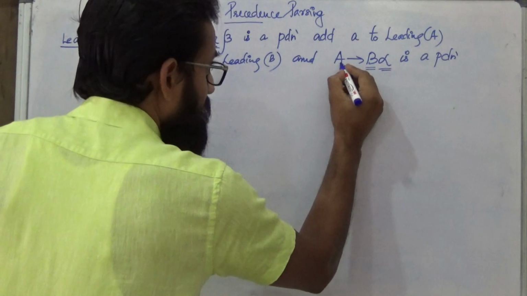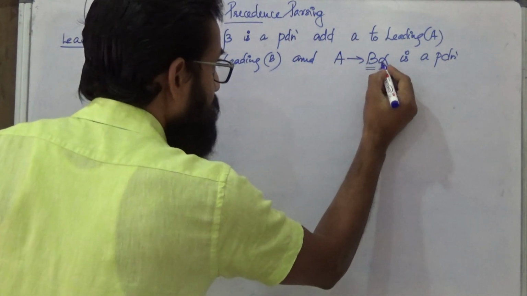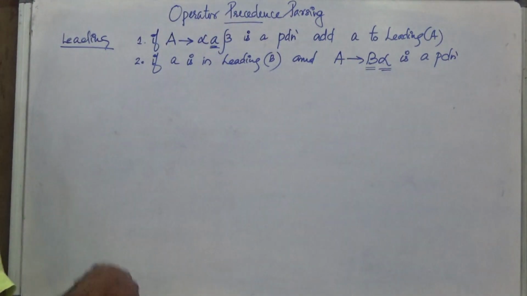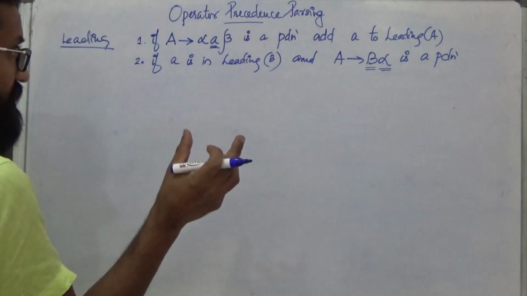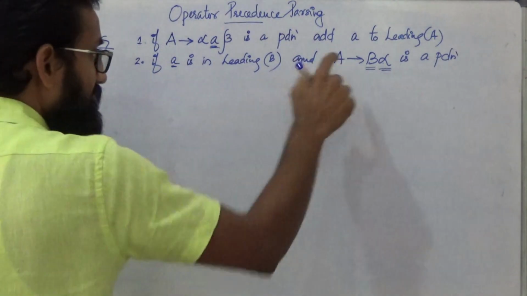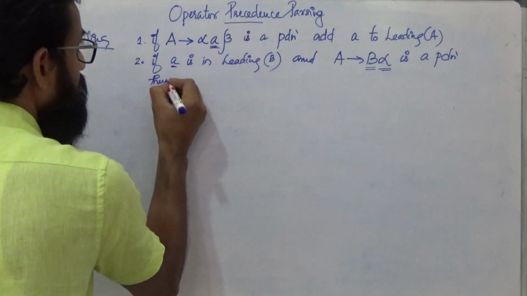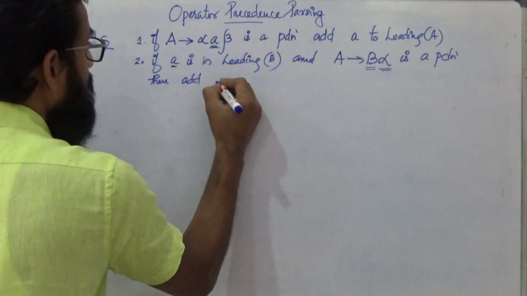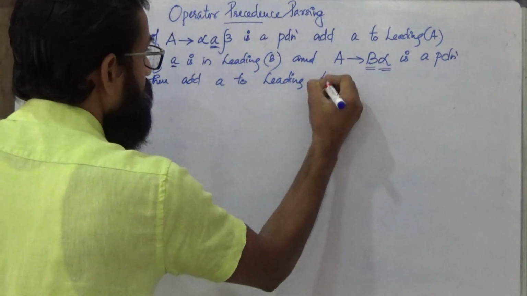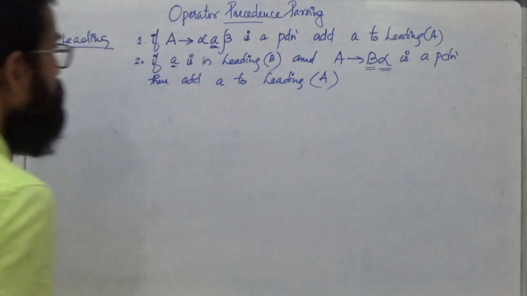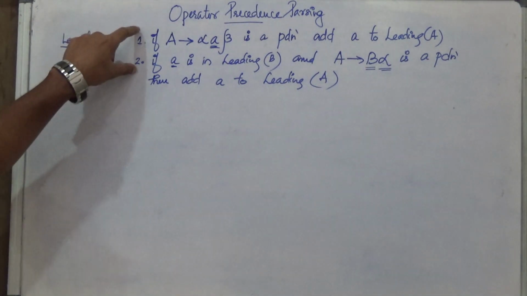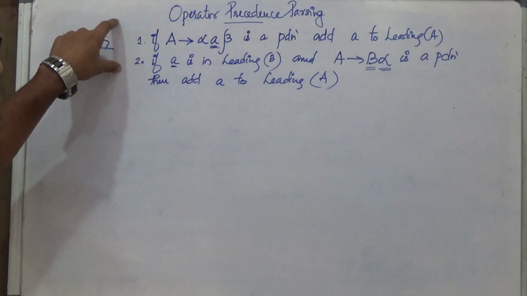In this case, from A you can derive B alpha, and B can be used to generate some string containing a as the leading symbol. So if this condition is satisfied, then add a to leading of A. So these two steps are pretty clear.